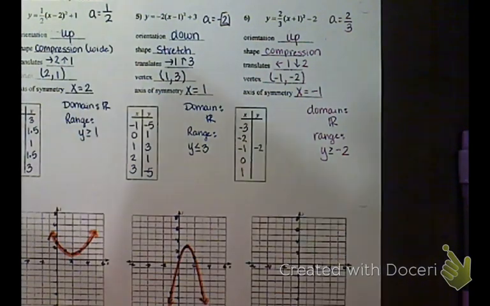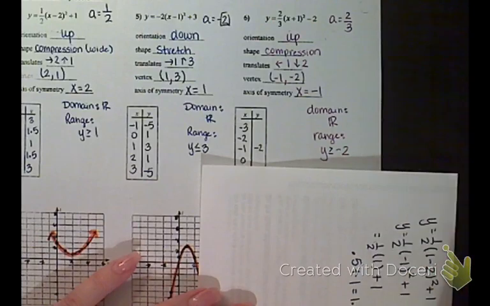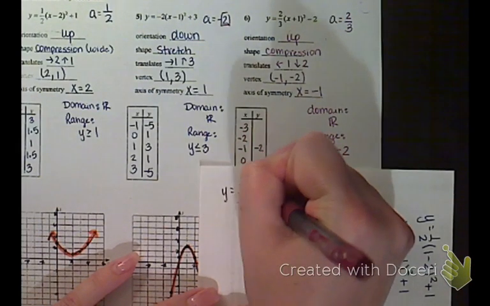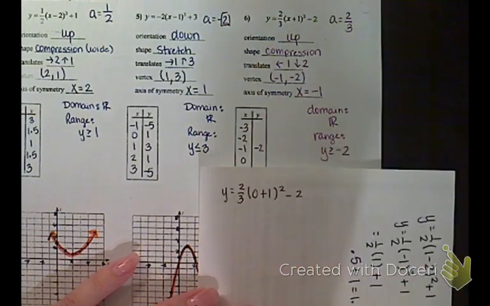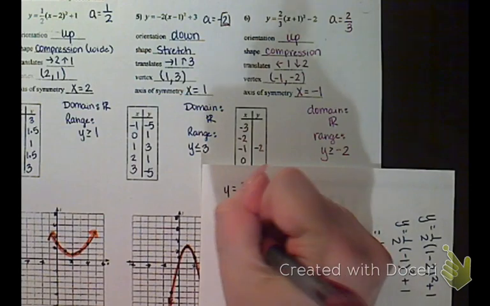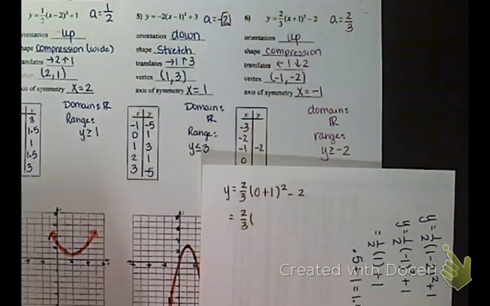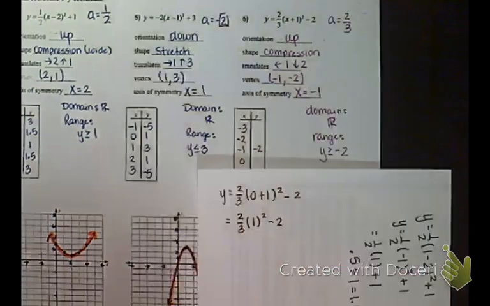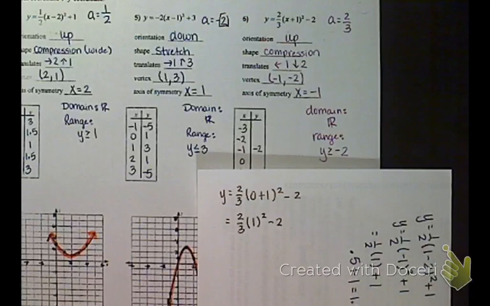All right, let's plug in 0. Okay, so 2/3, 0 plus 1 is 1. Okay, 1 squared is 1. And 2/3 times 1 is 2/3.